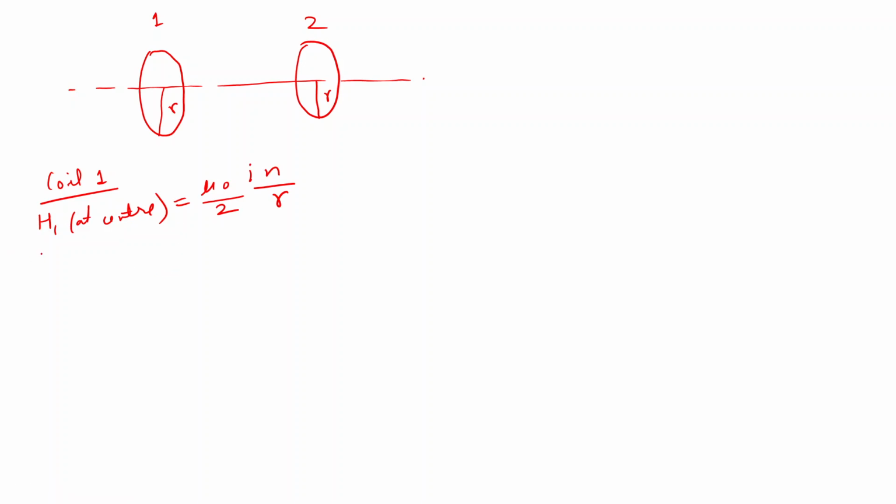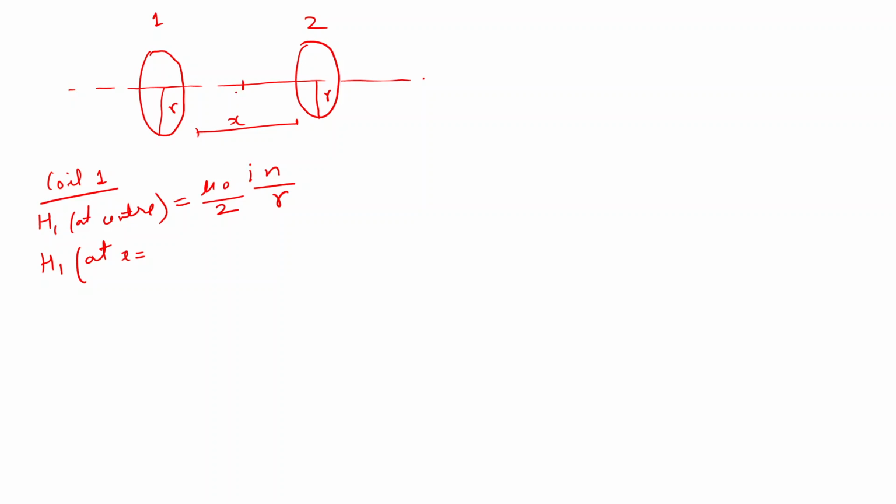Now what will be the expression of H1 at x equal to r by 2? Let's say it's somewhere here. If I'm calling the distance x, then when x is equal to 0, that is at the center, this is the expression of the magnetic field.